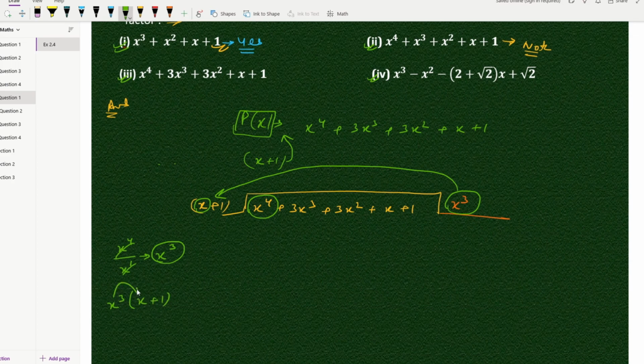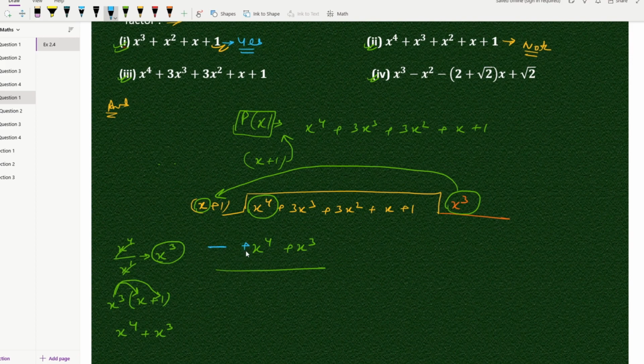So this will be x cube into x and x cube into 1. So answer will be x की power 4 plus x की power 3. So here it will come x की power 4 plus x की power 3, and we have to subtract them.